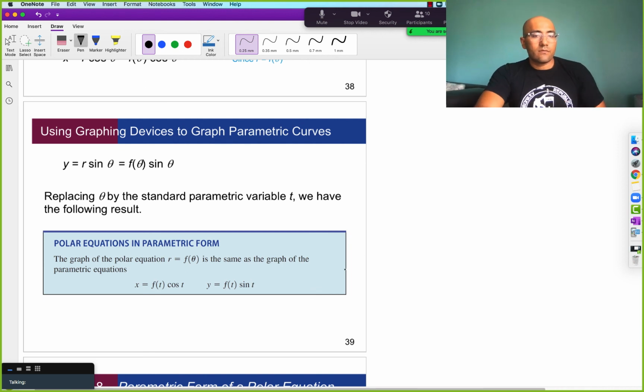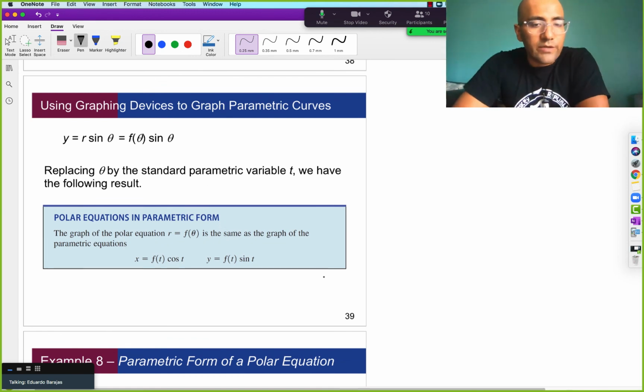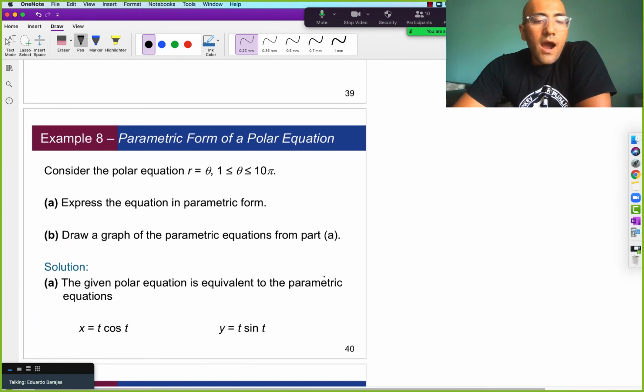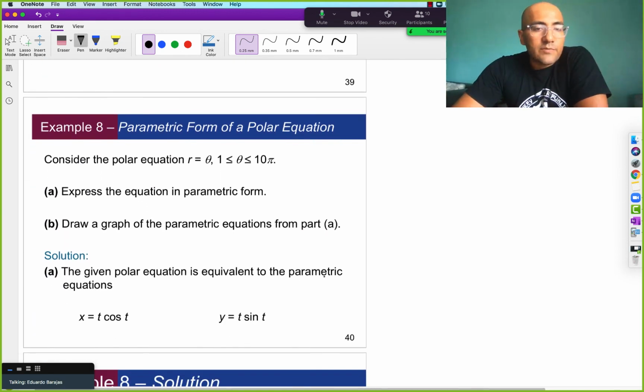Good. So the graph of a polar equation r equals f of theta is the same as the graph of the parametric equation x equals f of t cosine of t and y equals f of t sine of t. So that's the conversion factor we're going to use. And so just use this example. Express the equations in parametric form. So the given polar equation is equivalent to the parametric equations.